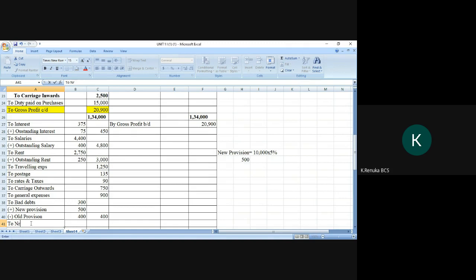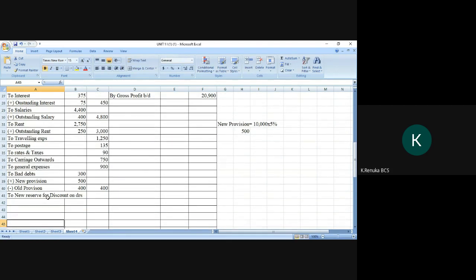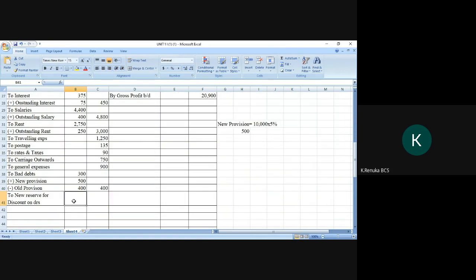To new reserve for discount on debtors. You need to calculate it. They have given you the discount on debtors percentage, that is 2.5% on sundry debtors.